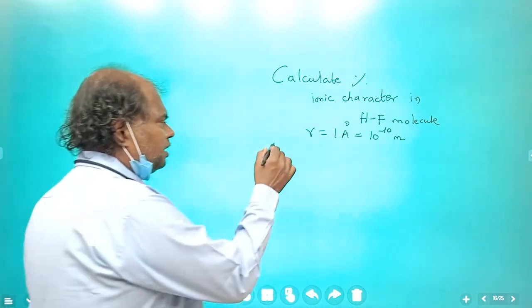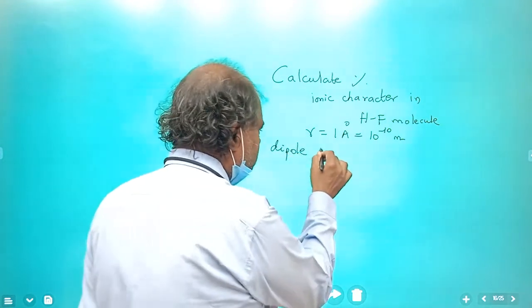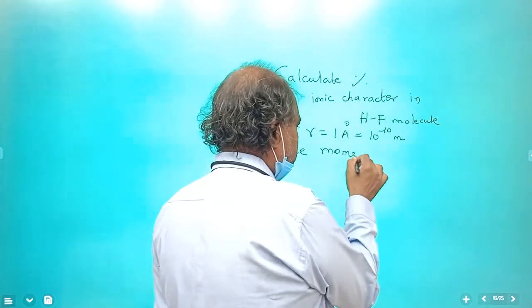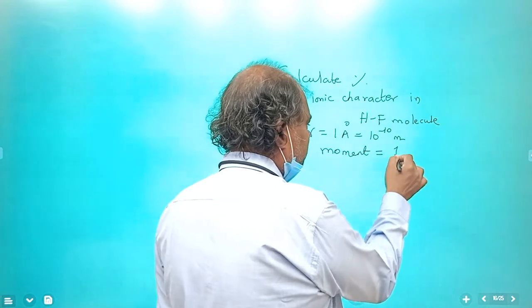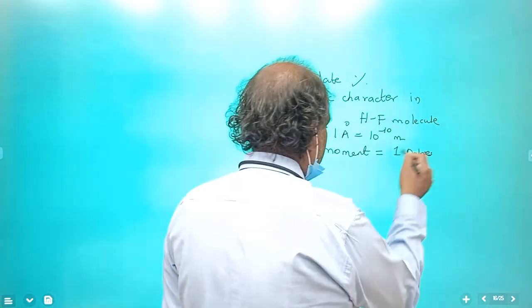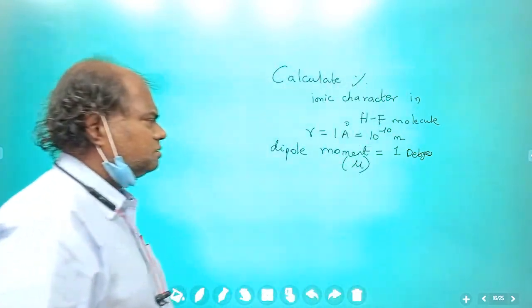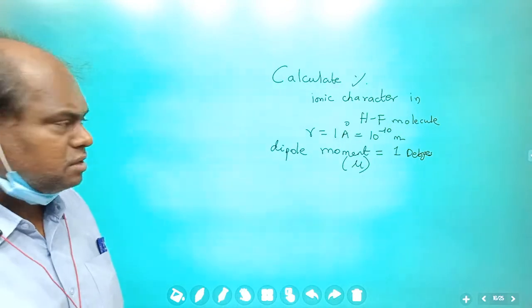And the dipole moment I will give you. Suppose I say one debye. That's mu. Dipole moment is one debye.